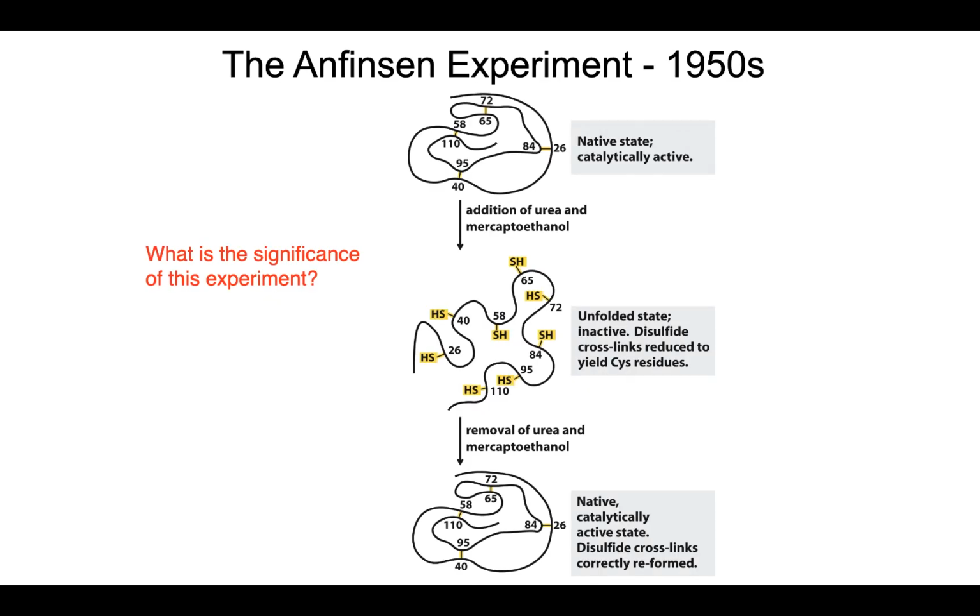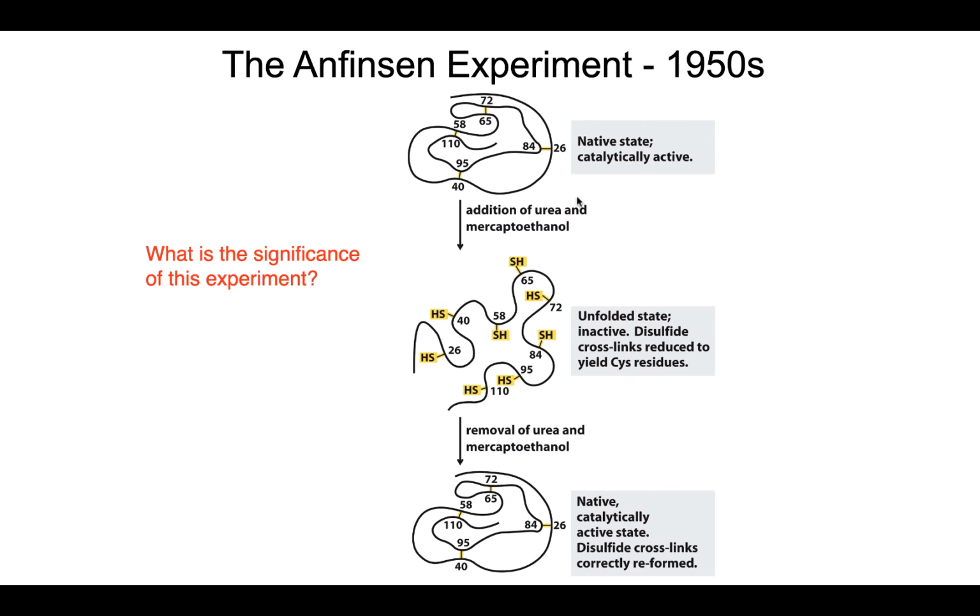So the Anfinsen experiment occurred in the 1950s, and what these researchers did was to take an enzyme that was in its native state, in its functional conformation, and they could show that it was catalytically active. It was an enzyme and it was capable of catalyzing its reaction.